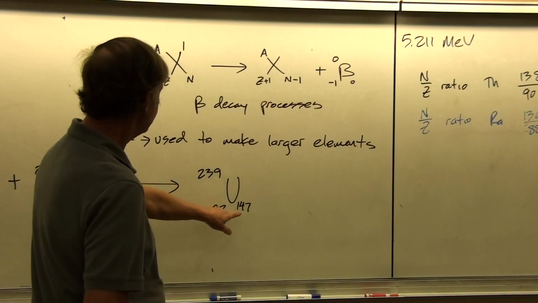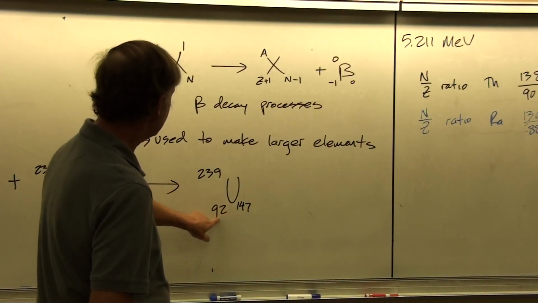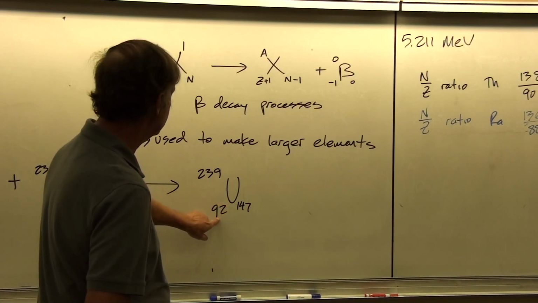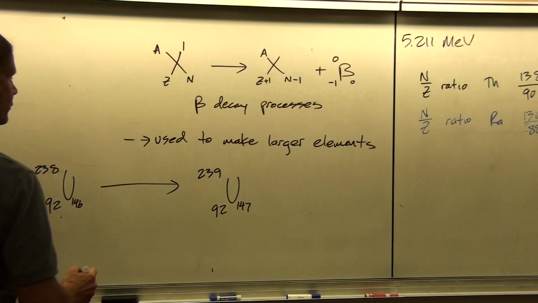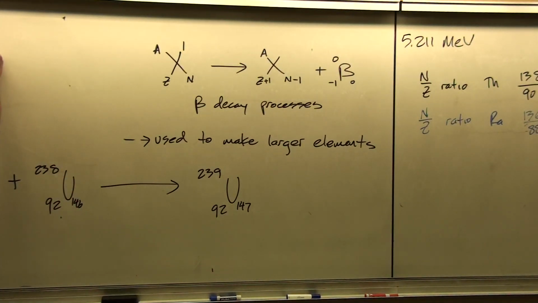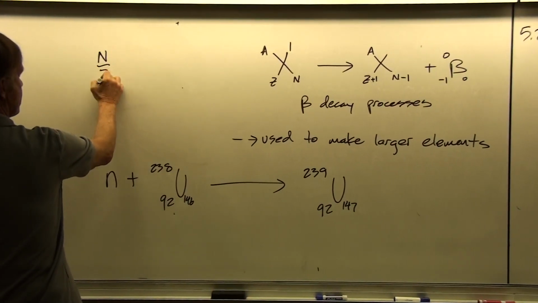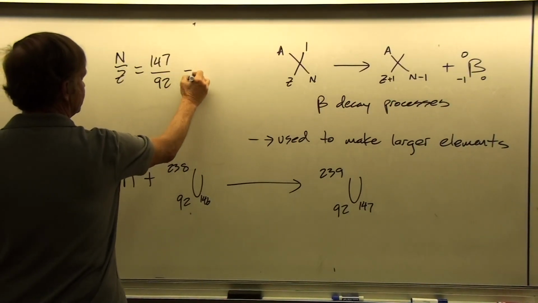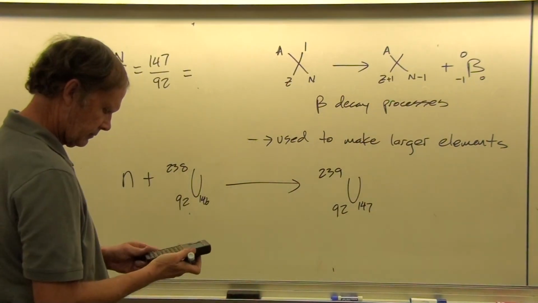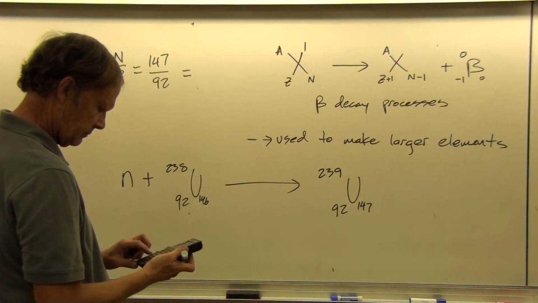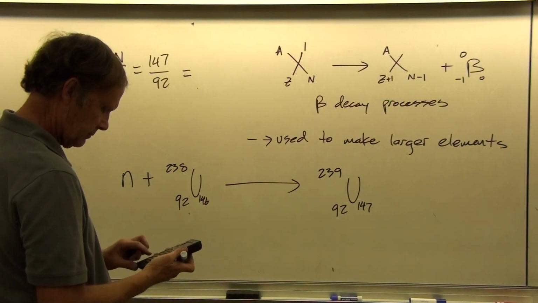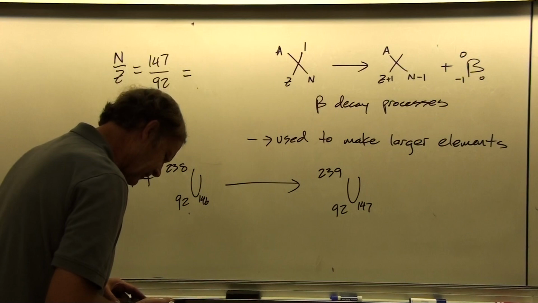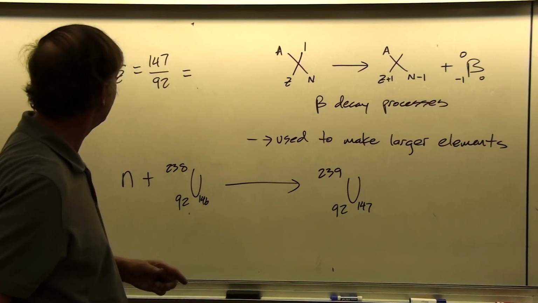But now the U-239 has an N to Z ratio that is way greater than 1.5. So if we look at this as N to Z, 147 divided by 92, that gives us, oh, that's horrible, 1.59.